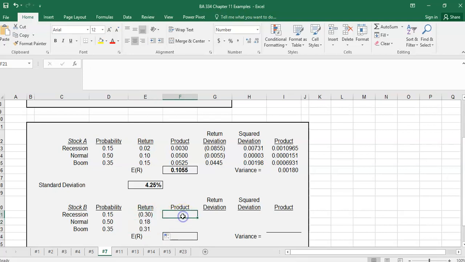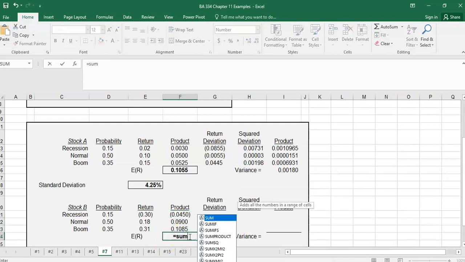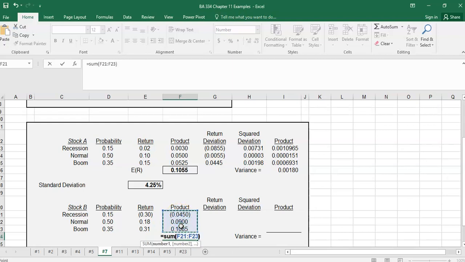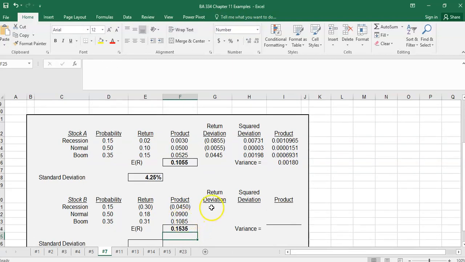We then take the probability times the expected return, so that we can calculate the overall expected return, which is our average potential return. Our return deviation is the difference between the return and the expected return. So we'll lock that expected return cell so we can copy that formula down.